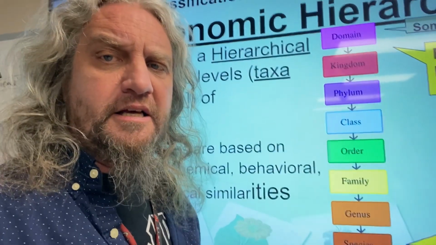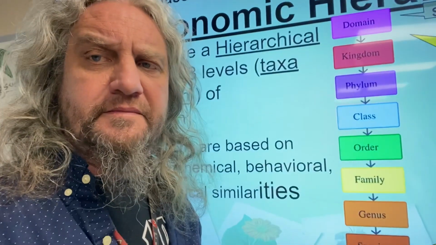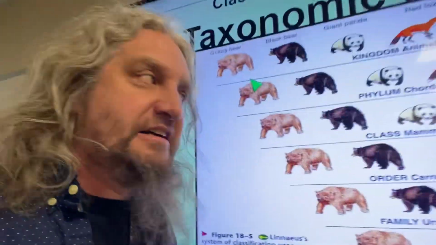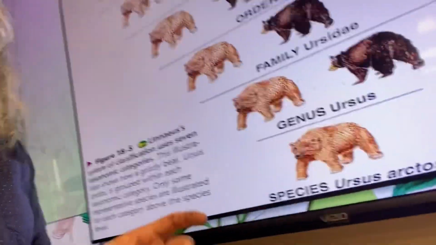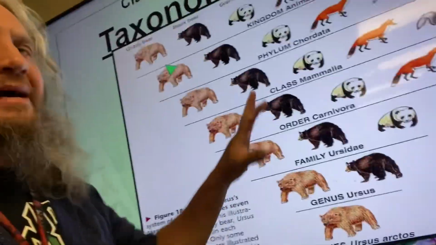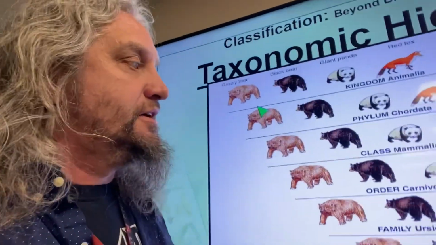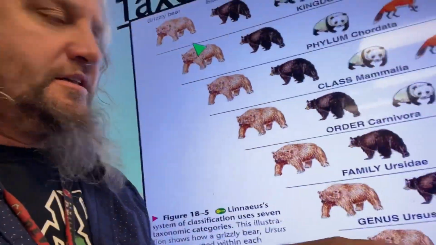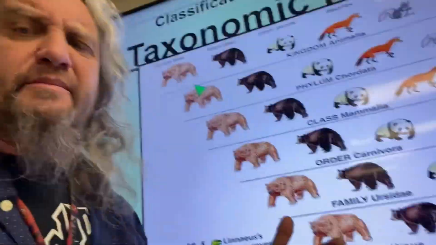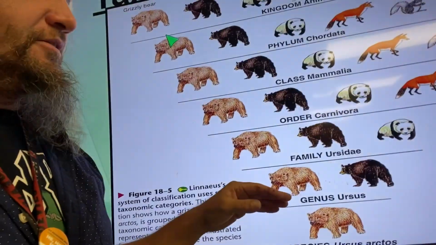Hierarchy. Levels of organization. Here's an example. Ursus arctos, the grizzly bear. If we look back at Ursus arctos, he is the grizzly bear, or she. They come in both. There are other bears out there.